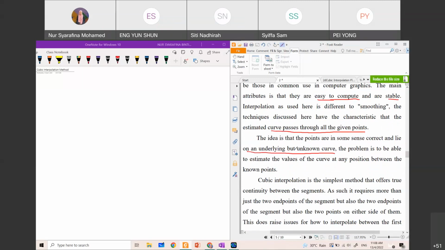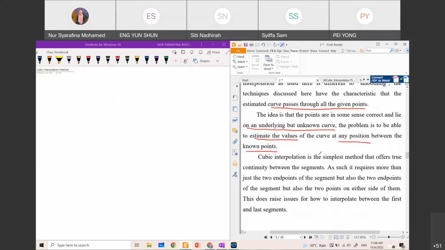The problem is to estimate the curve at any position between the known points. Cubic is the simplest method that offers true continuity between segments. As such, it requires not just the two endpoints of the segment, but also the points on either side of them. This raises issues for how to interpolate the first and last segments.